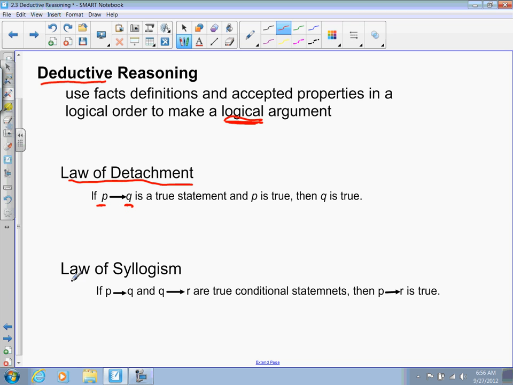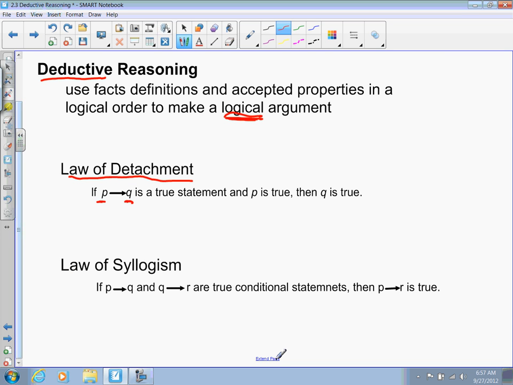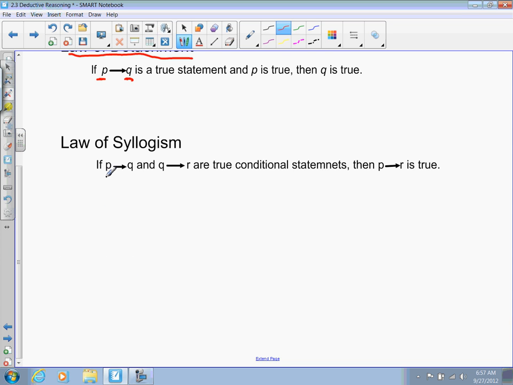The law of syllogism is just a little bit different because we're going to have two conditional statements here. The first, something like if today is Monday, then we have school. And you could have another statement like if we have school, then we have a hot lunch. So can you make a conclusion that if today is Monday, we're going to have a hot lunch? Well, it makes sense that it follows.